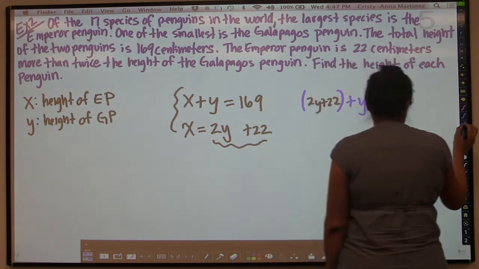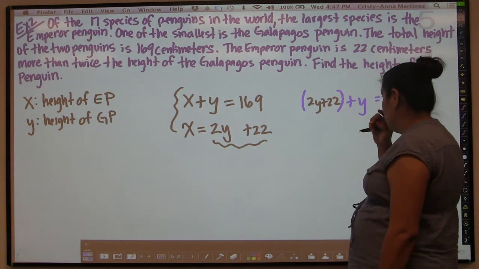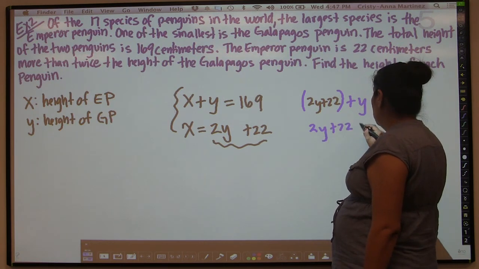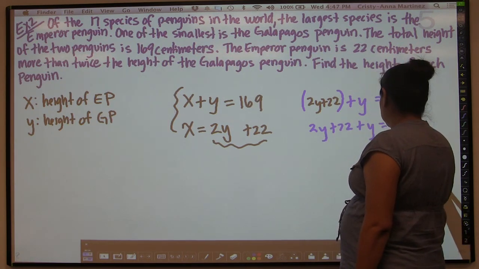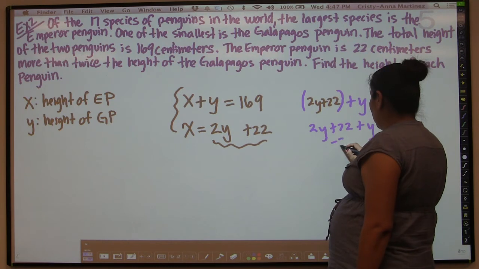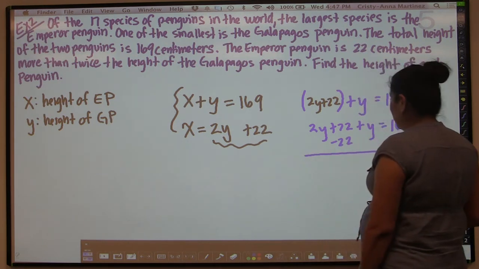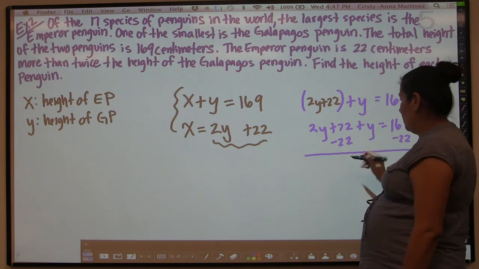Now we have an equation in one variable, we can solve this a lot easier. So 2y plus 22 plus y equals 169, and we can subtract the 22 to the other side. And then on the left, we can combine our 2y and our 1y to get 3y.